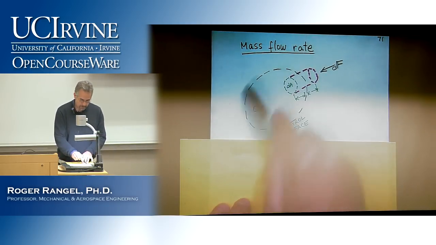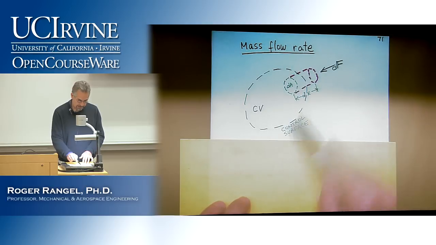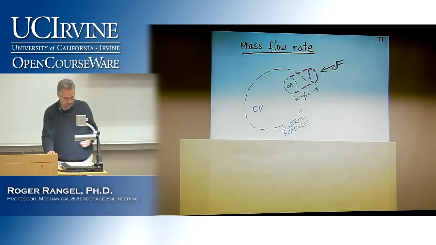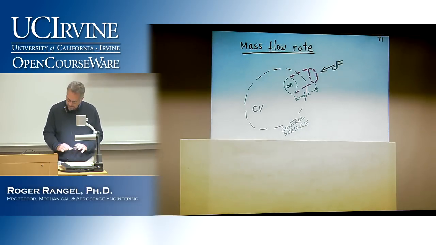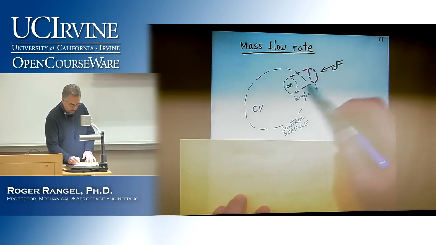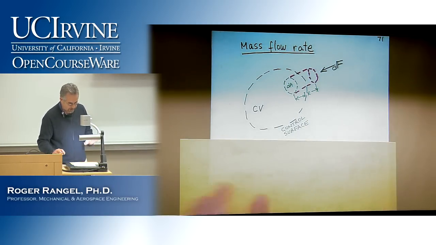So there is my control volume. It's inside this control surface, which is the dashed line. So the dashed line represents the control surface. And notice that I have also sketched here what is to represent a certain amount of mass that is going to be pushed into the control volume.